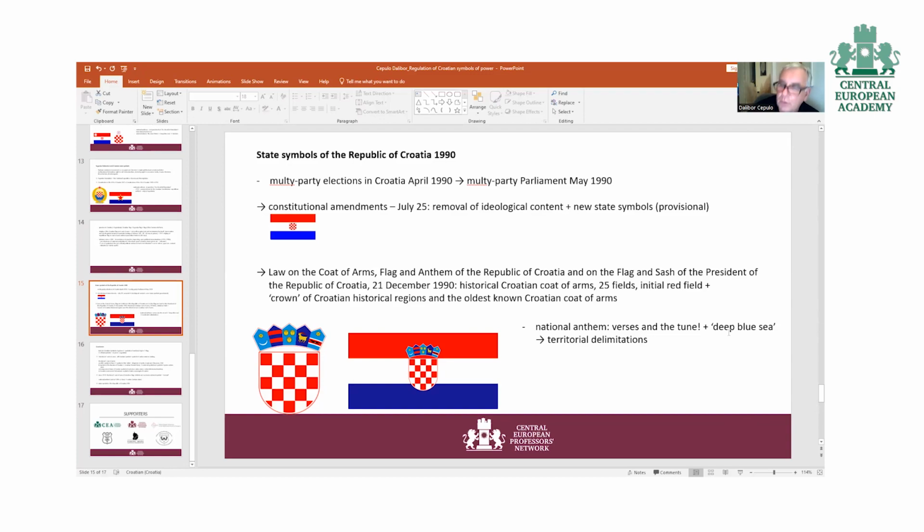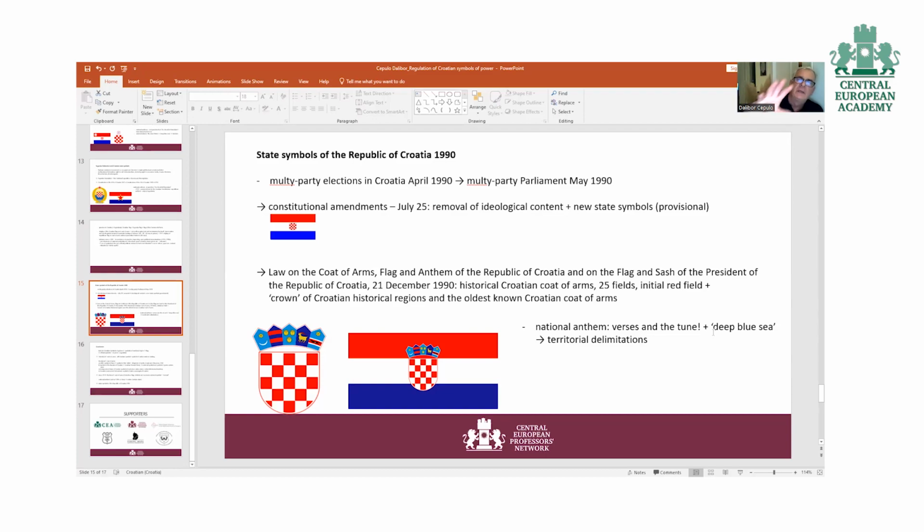This time again with the reappearing of a textual change, that mentioned the deep blue sea, contributing to the territorial delimitation of the homeland, that, as already proclaimed in 1862, was based on the Croat's love of his people.